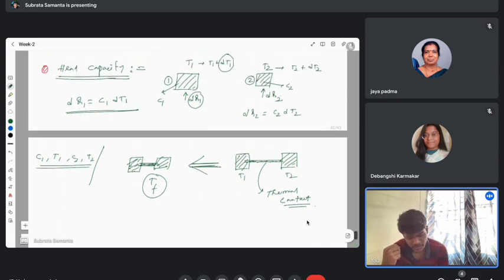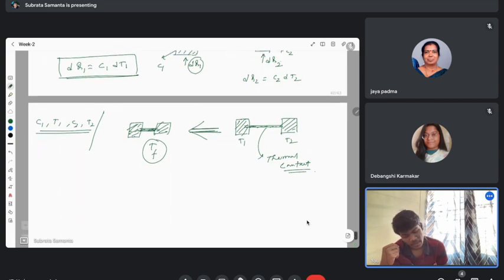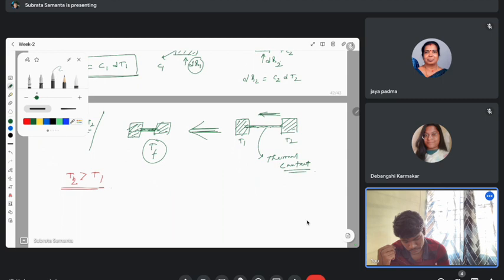So we know this relation, right? Let's for a moment consider that T2 is greater than or equal to T1.